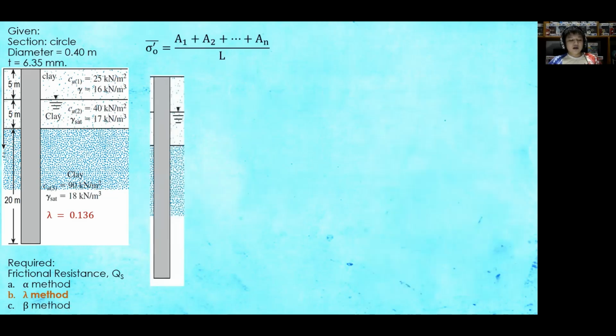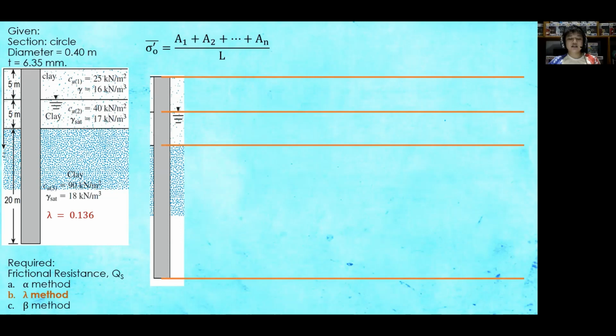So for our sigma O prime bar process, first, determine the effective vertical stress or overburden pressure per interface. Again, as a review, our sigma O prime is equal to the summation of gamma prime times Z, wherein gamma prime is the effective unit weight. That is equal to gamma sat minus gamma of water.